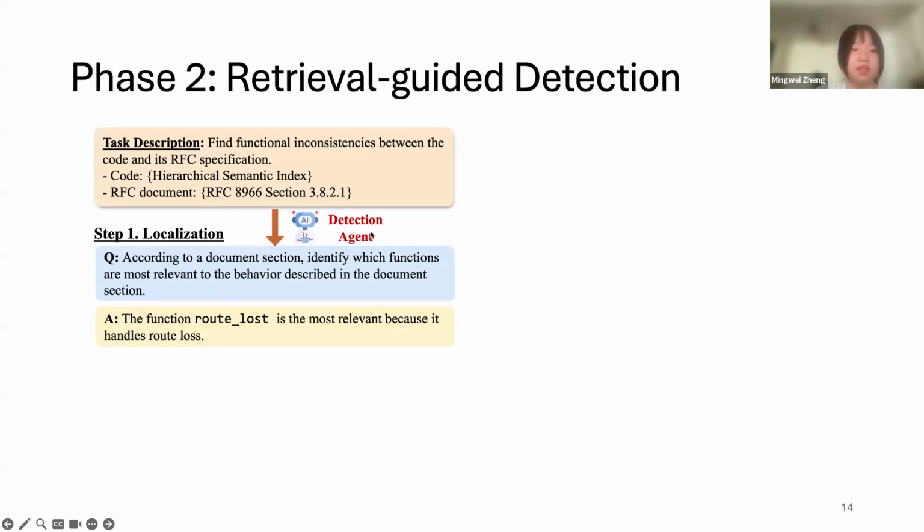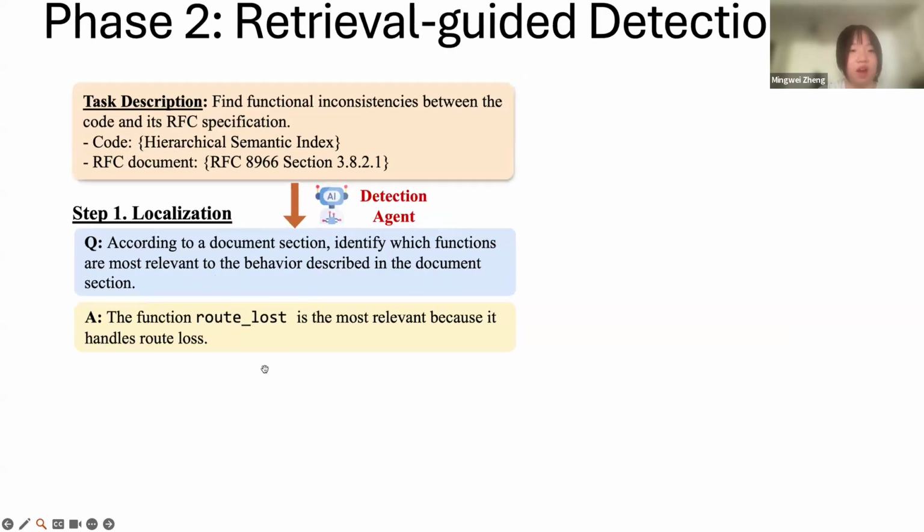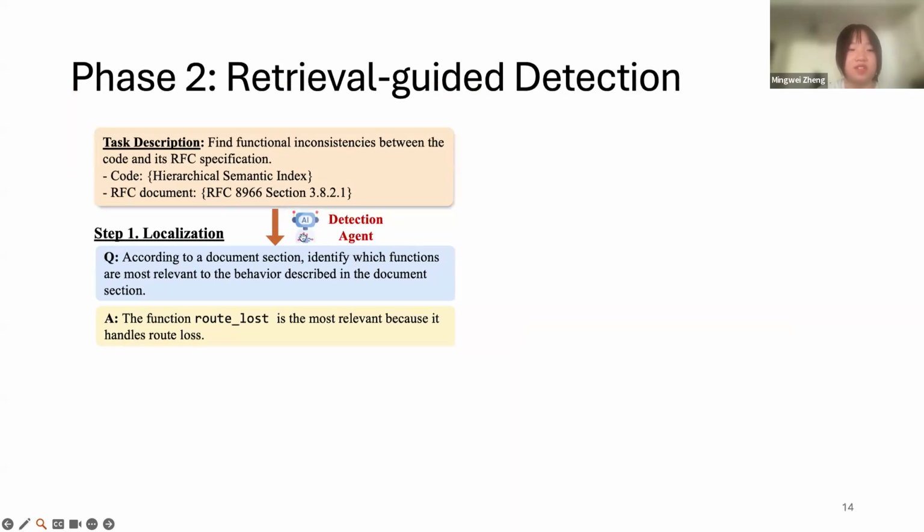In step one, the localization stage, the detection agent identifies the most relevant functions according to the given RFC subsection and the hierarchical summarization we got from phase 1. In this example, it answers that route loss is the most relevant function to this property, because this function serves for handling route loss.